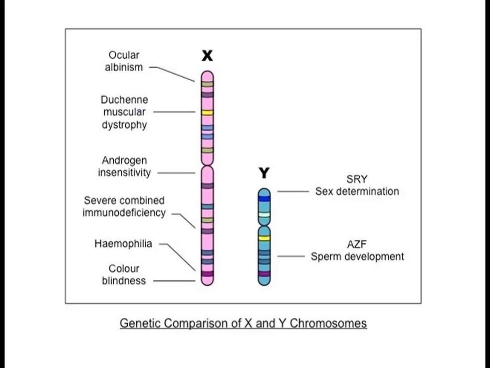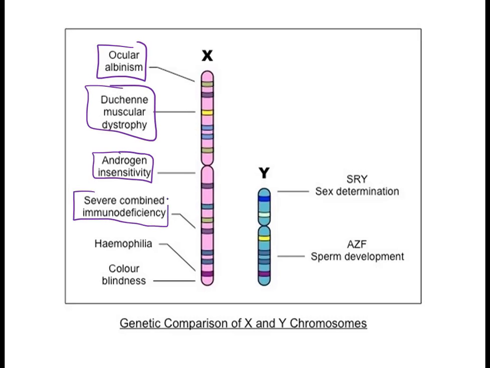I'll let you guys look some of these up if you're interested. Okay, ocular albinism, muscular dystrophy, androgen insensitivity, SCID, which is severe combined immunodeficiency disorder, hemophilia, which means the blood doesn't clot properly, and red-green color blindness. All of these are disorders that could be due to mutations on the X chromosome.